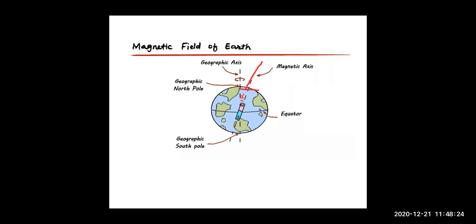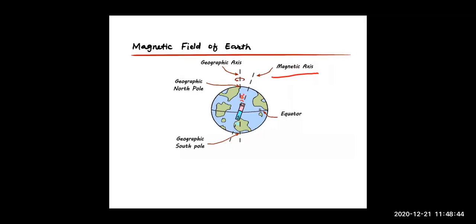Okay, so this is the magnetic axis, along which the magnetic field of Earth exists, making an angle of 12 degrees with your geographic axis. Right, children? So Earth's magnetic field is along this magnetic axis.